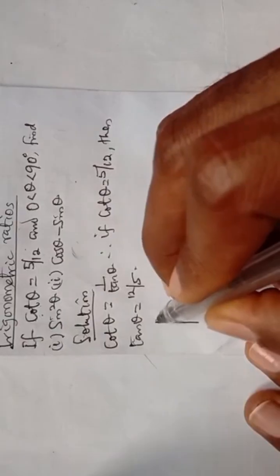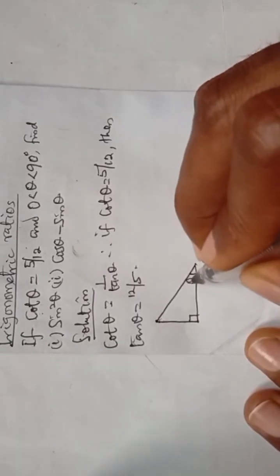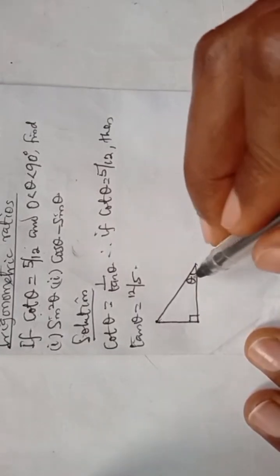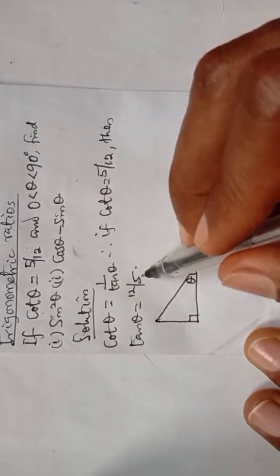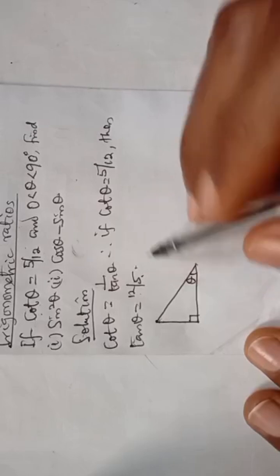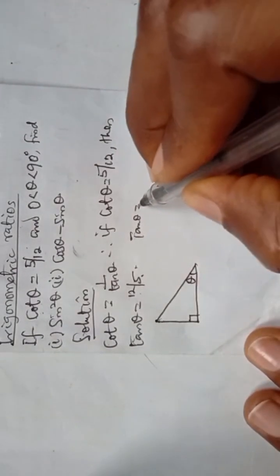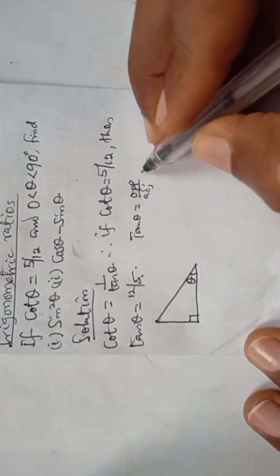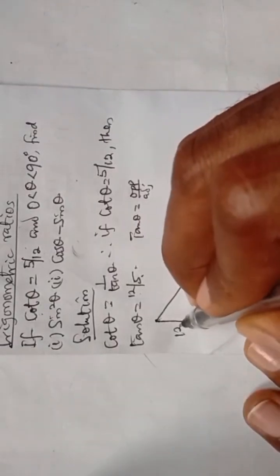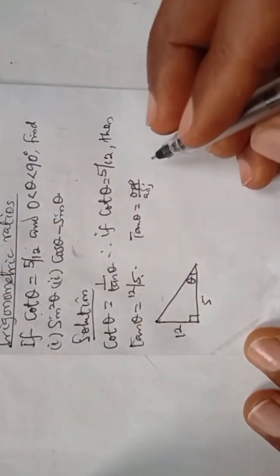All right, so let's draw our normal right-angled triangle to solve this. Let's say here is my reference angle theta. Now we are given tan theta, which is 12/5. Recall that tan theta is equal to opposite over adjacent. That means here is opposite, here is adjacent, and we're going to find the hypotenuse.